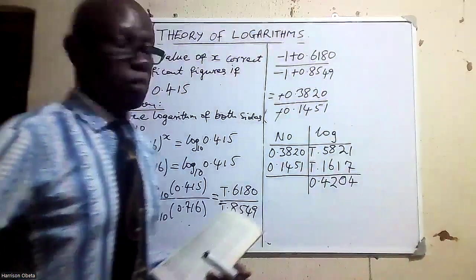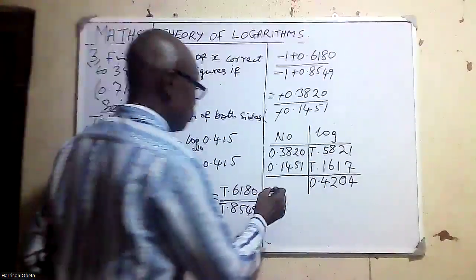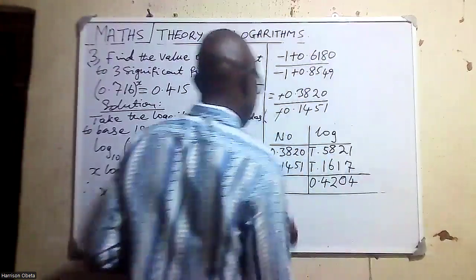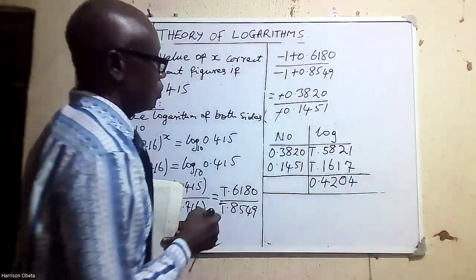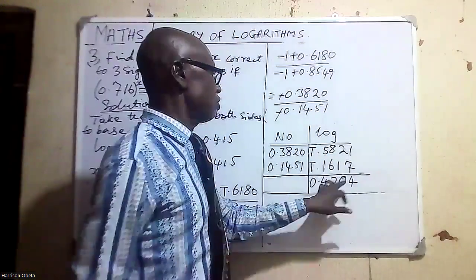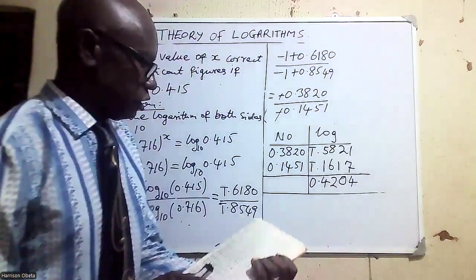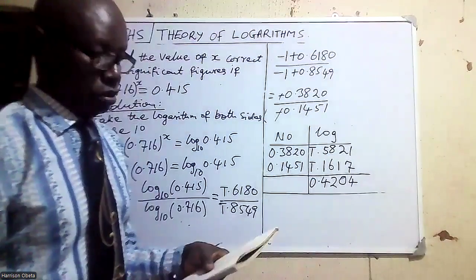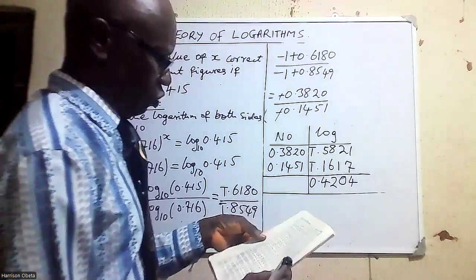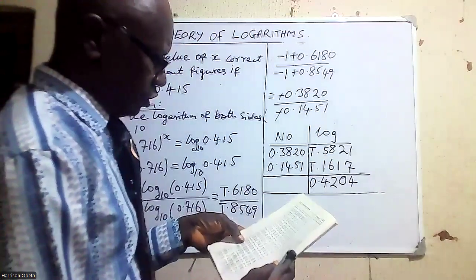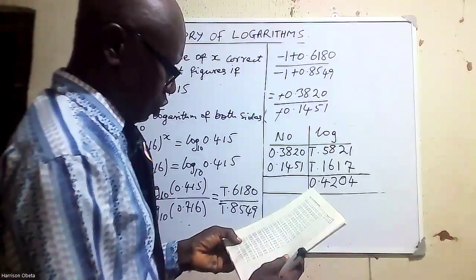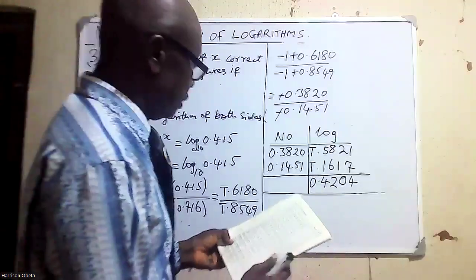So we move on, and the next thing we have to do to get our final answer is to check with anti-log. We're now going to look for anti-log of 42 under 0 difference 4. Go to the anti-log table and check 42 under 0. 42 under 0 is 2630.